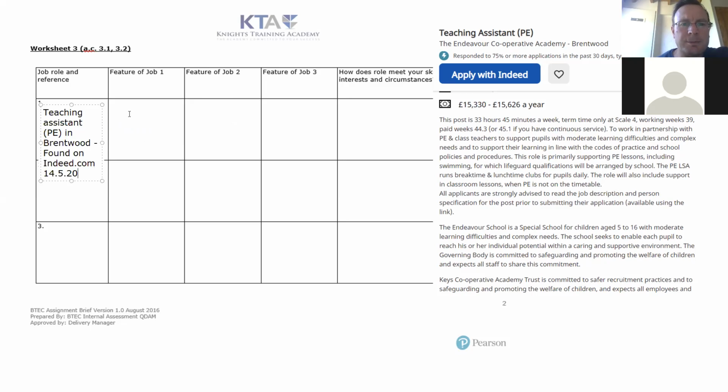So what we then do is we've just got to find 3 features about that job. So I'll read through that advert. Let me see, first of all, do they need any specific skills? So let's see what skills they need.